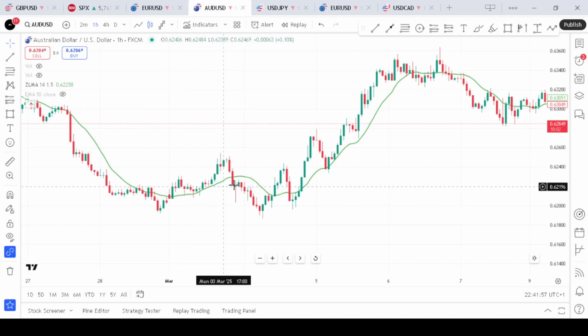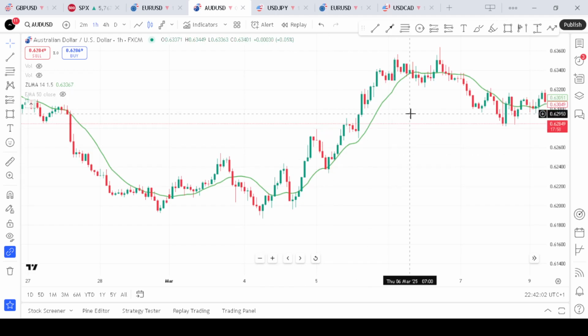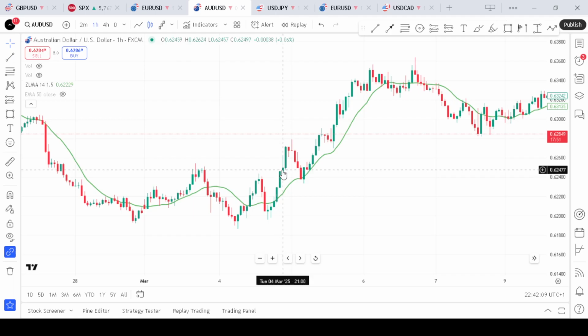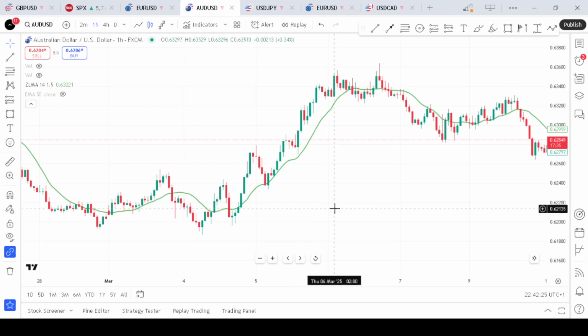By reducing lag, it provides a clear and faster reflection of market conditions. The calculation involves adjusting the data by removing the lag from previous periods. This adjustment ensures that the moving average reacts quickly to price changes, making it particularly useful for identifying trends in volatile markets. This is what the indicator is all about.